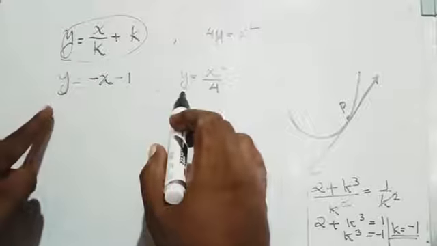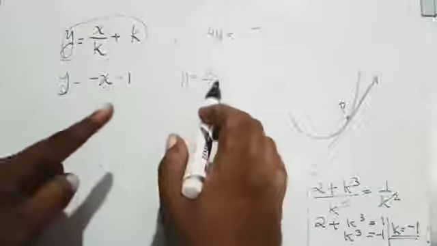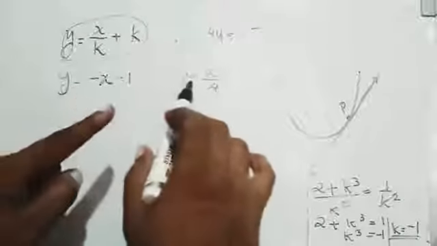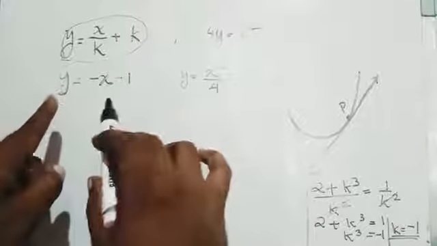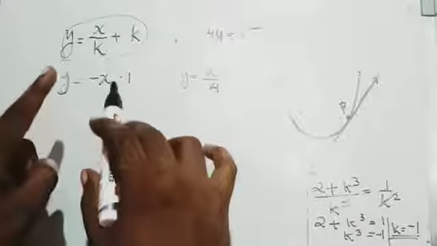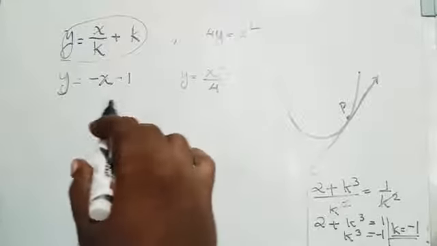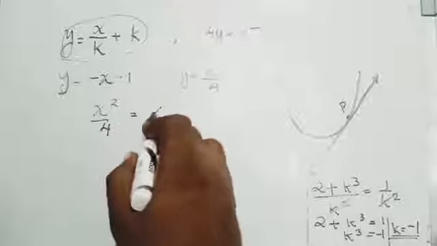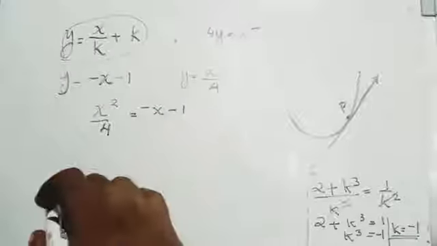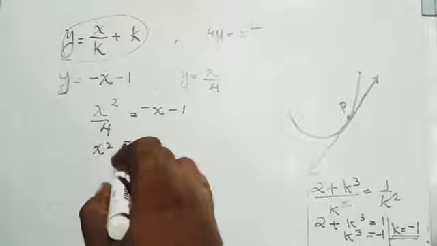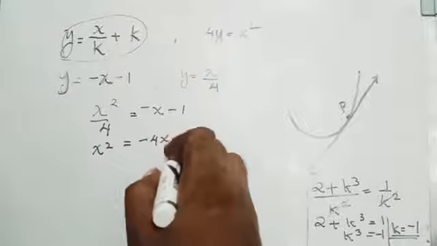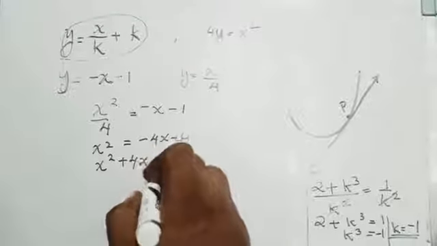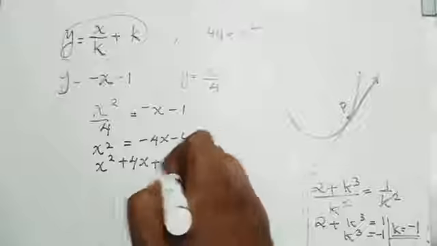When you combine these two equations, one is a non-linear equation and the other is a linear equation. So there are two simultaneous linear and non-linear equations. So when you do it, we get x squared by 4 is equal to minus x minus 1, or x squared is equal to minus 4x minus 4, or x squared plus 4x plus 4 is equal to 0.